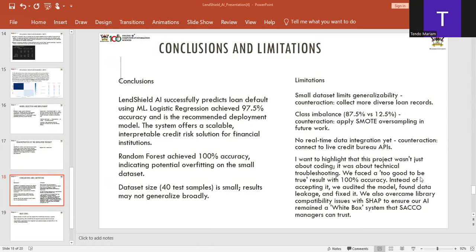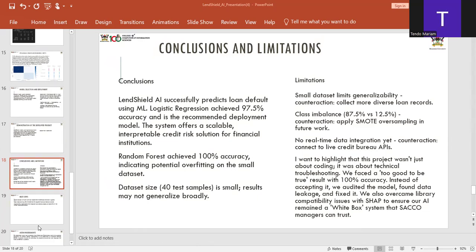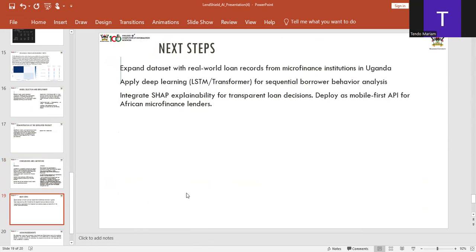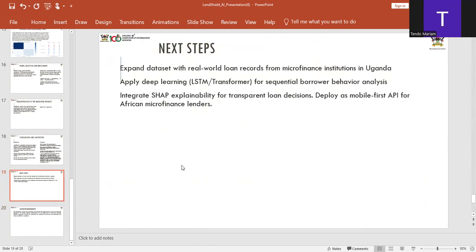I think this turns out to be usable in a real-world setting to reduce loan risks. And lastly, the system can be applied in microfinance institutions in Uganda.